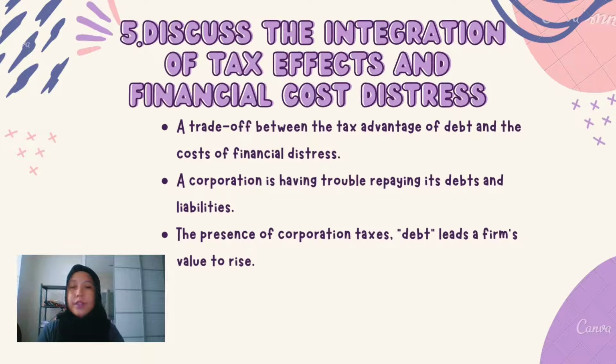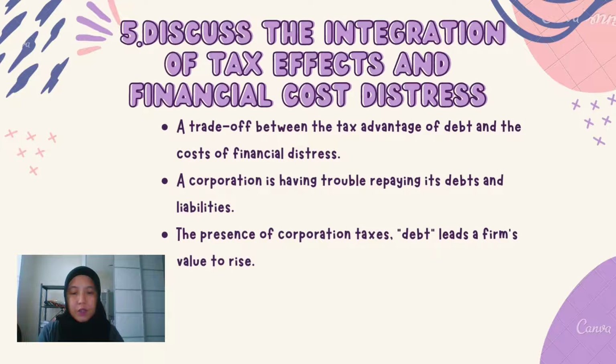The fifth question is to discuss the integration of tax effects and financial costs of distress. A firm's capital structure decisions involve a trade-off between the tax advantage of debt and the cost of financial distress. Thus, there is an optimal amount of debt for any individual firm. This amount becomes the firm's target level of debt.